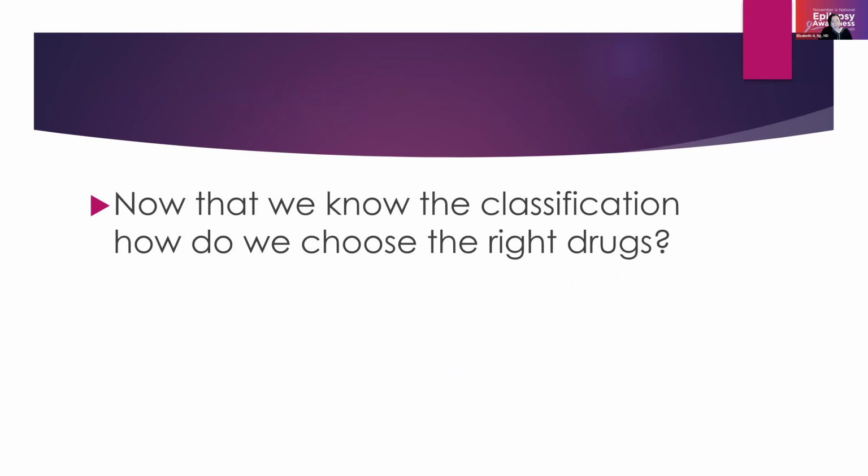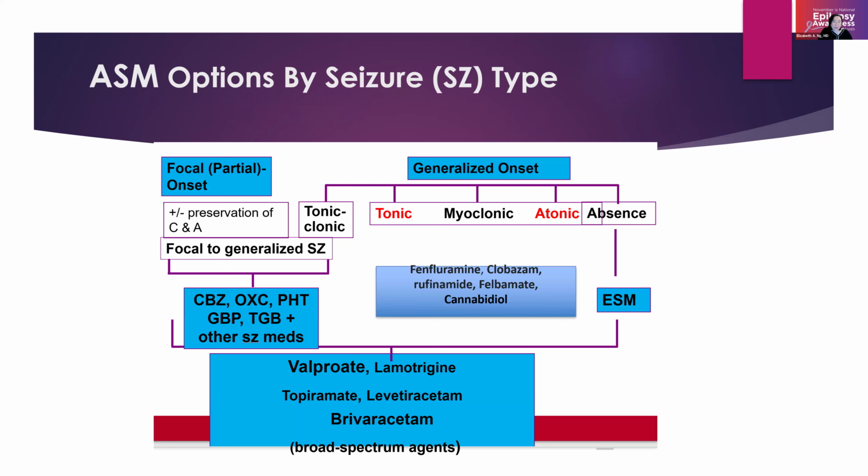So now that we know the classifications, how do we choose the right drugs? Here we see we can decide on the best ASM based on the seizure type, either focal onset or generalized onset. So focal onset with preserved or impaired awareness, or focal to bilateral.